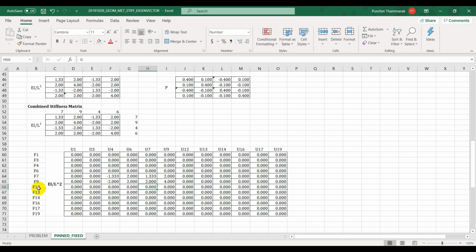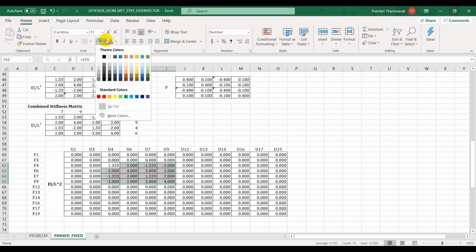Next one, you got to jump up. 7, 9 here, 4, and 6. Last one, 7, row number 6, 9, row number 6, 4, 6.